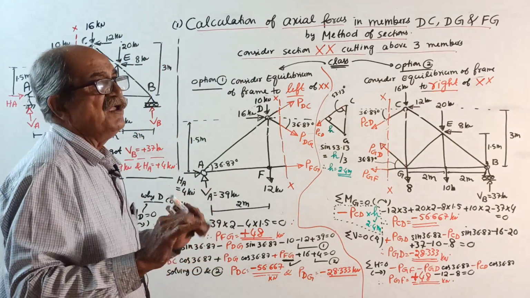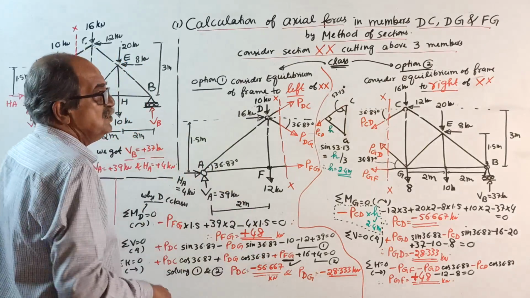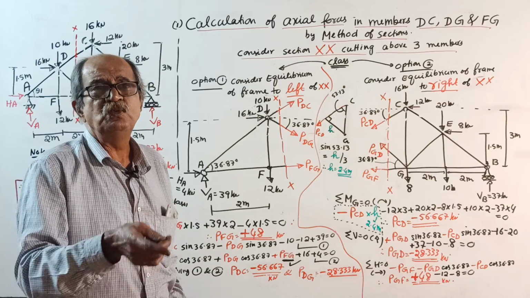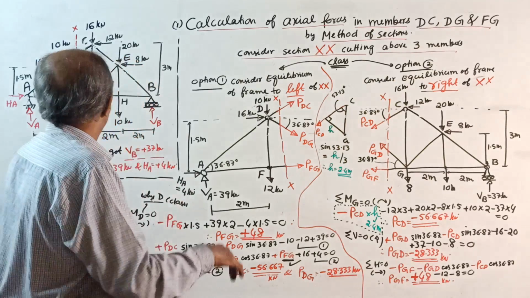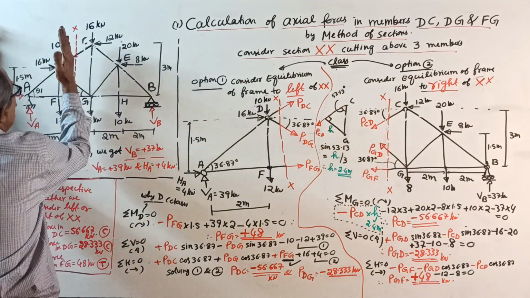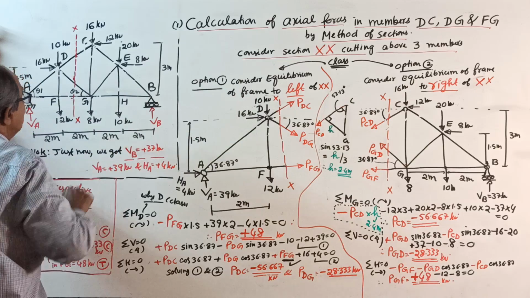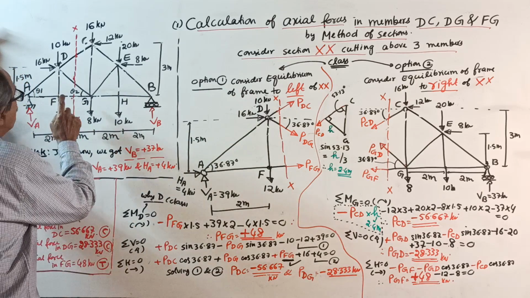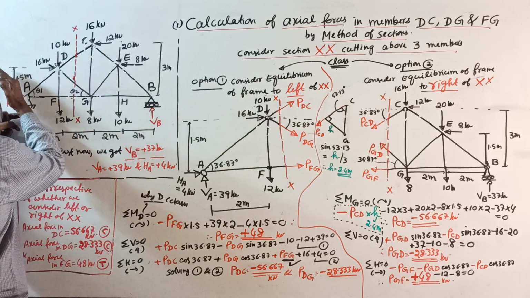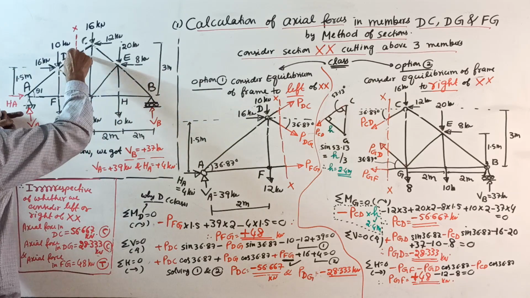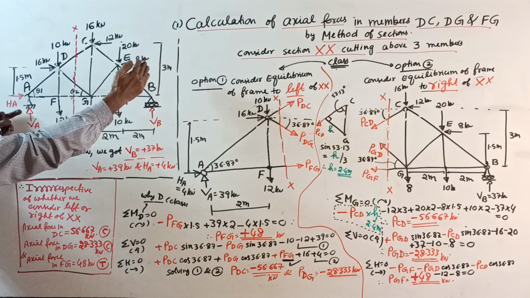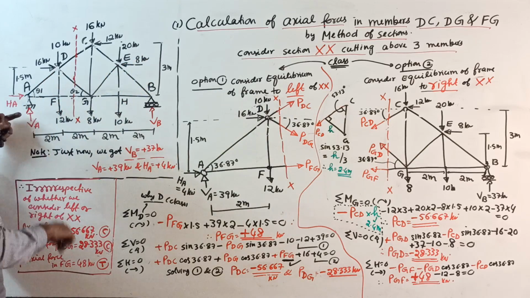It is your choice. You have to consider equilibrium of only one side. Either you can consider equilibrium of the left side of XX or the right side of XX. If you consider equilibrium of the left of XX, from that side these three forces coming to the joint should be marked.